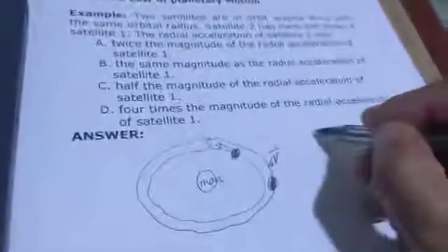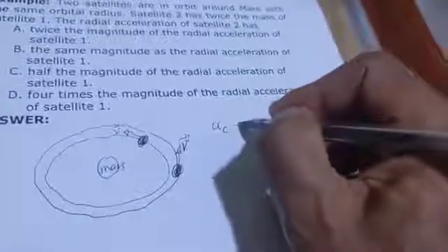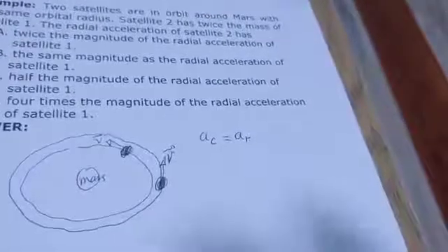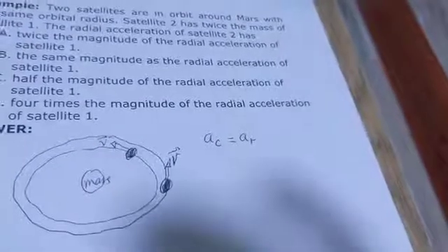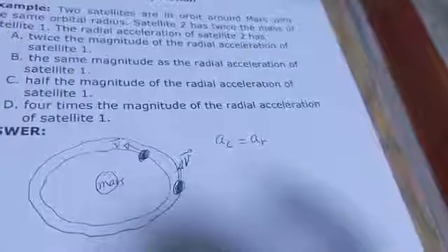Now you can see here that centripetal acceleration and radial acceleration are the same quantities. They are always acting towards the center of rotation.